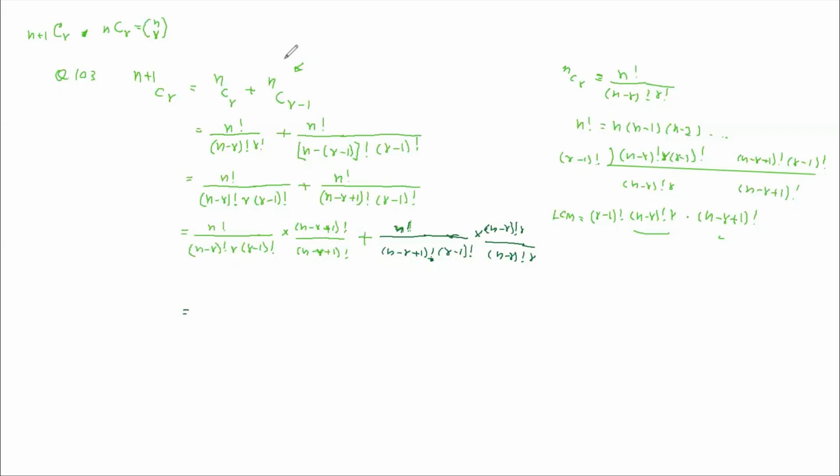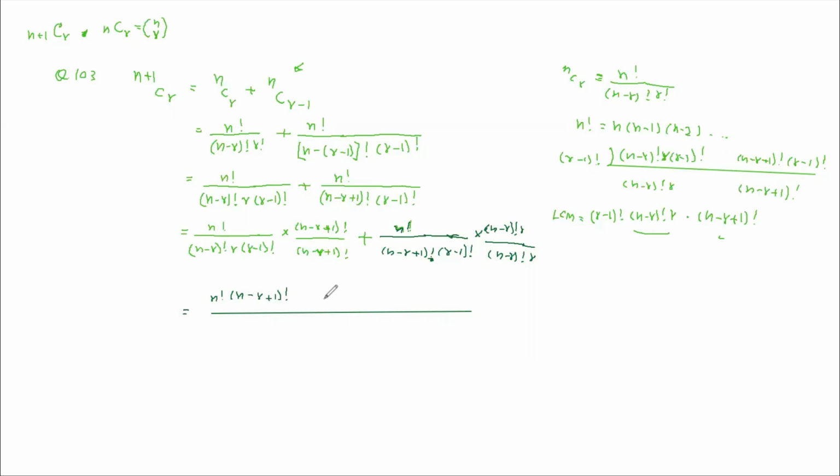So the whole thing is going to be like this. The top: n factorial times this term on the top, so it becomes n factorial times n minus r plus 1 factorial.